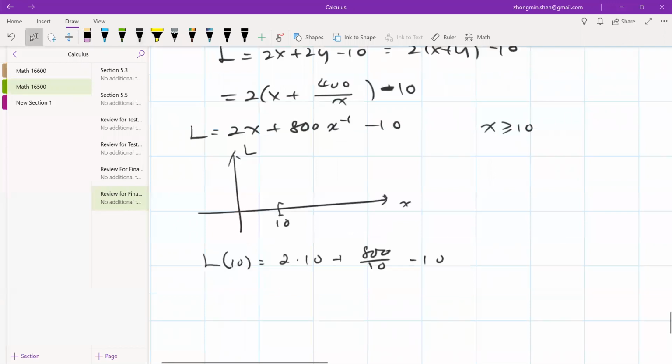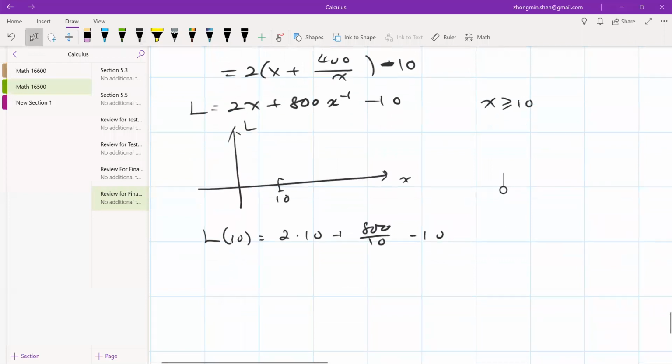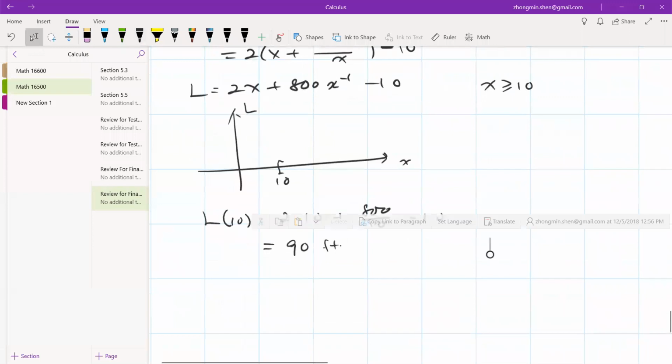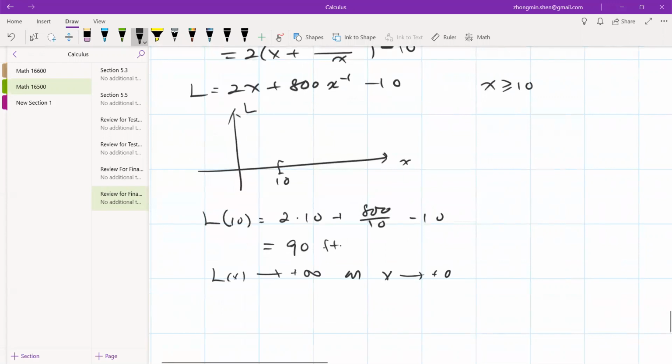Simplified, it'll be 10 and 80, so it's going to be 90 feet. But I'm not sure this is the smallest value. L goes to infinity as x goes to infinity, clearly.